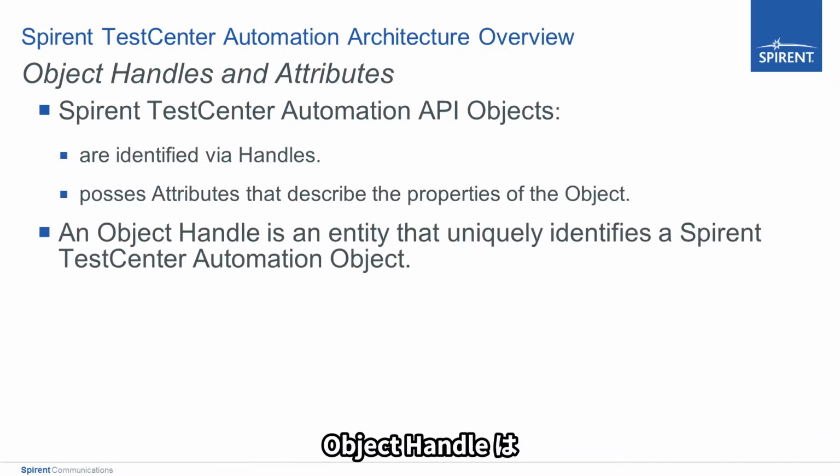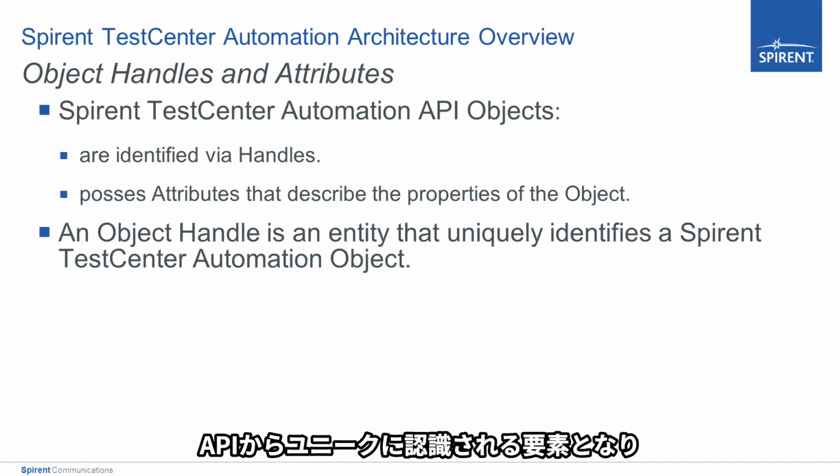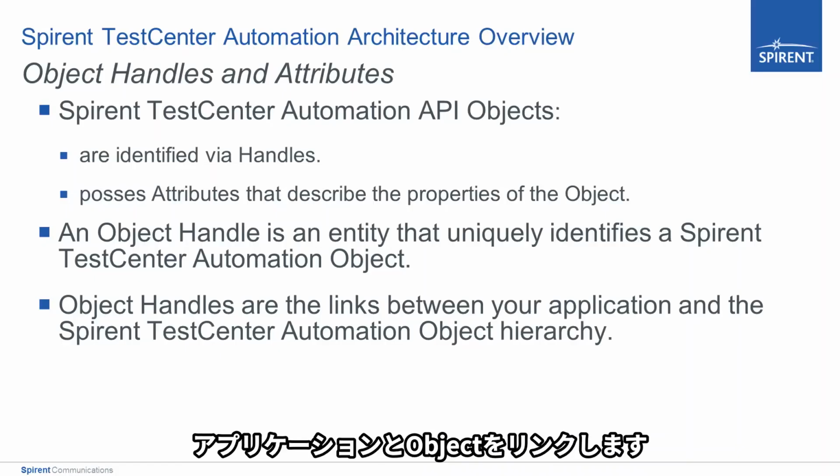An object handle is an entity that uniquely identifies a Spirent TestCenter Automation object. Object handles are links between your application and the Spirent TestCenter Automation object hierarchy. In order to access a particular object that you create, you will have to identify it by the handle, and then you will be able to retrieve information or change an attribute if you would like.